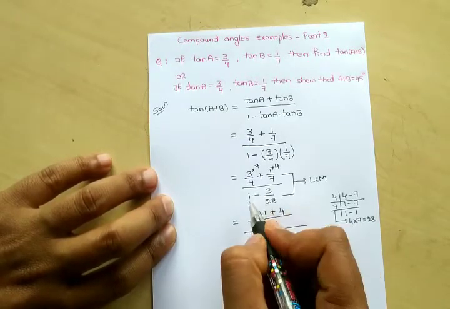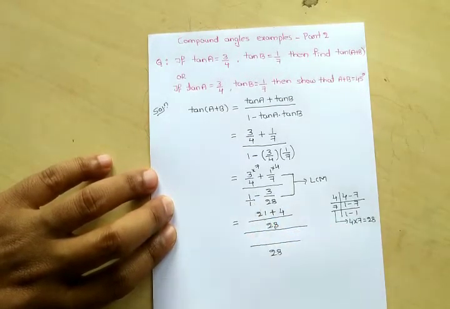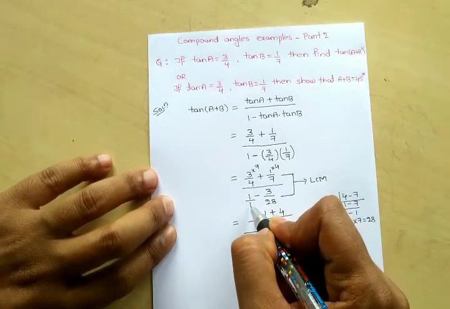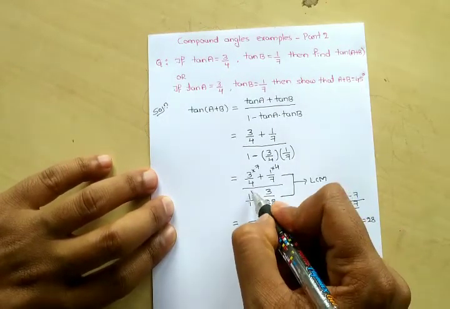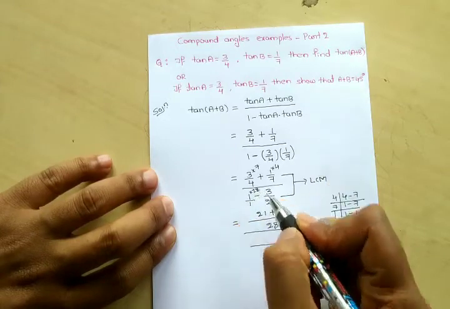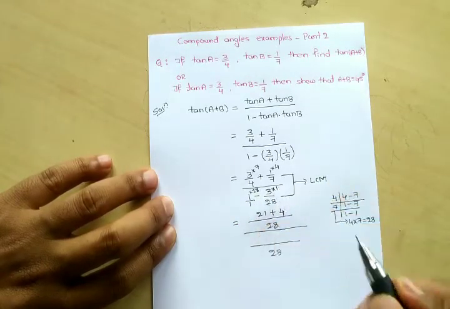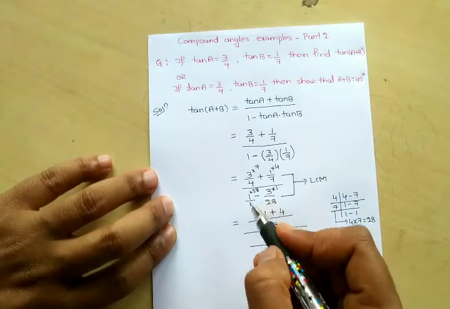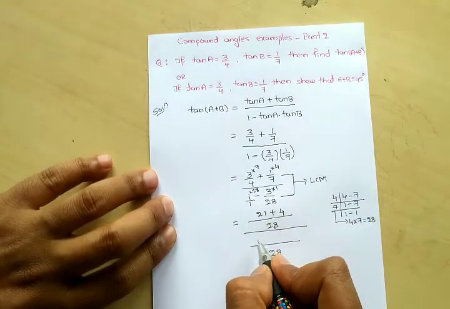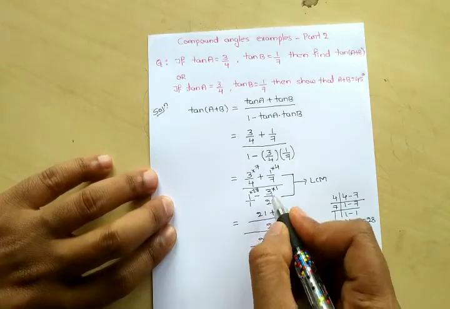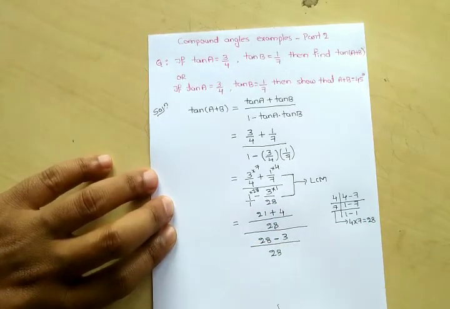28. So here, when nothing is there, always 1 will be there. So here 1 is there. To get this 28 you need to multiply by 28. Here already 28 is there, so to get that 28 you need to multiply by 1. Therefore 28 into 1 is 28 minus 3 into 1 is 3.